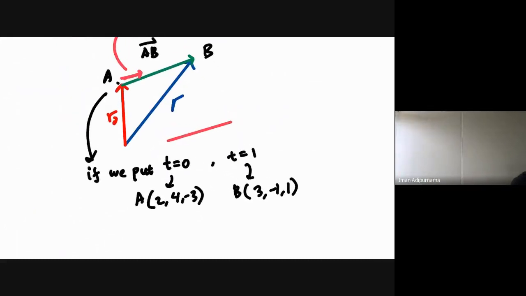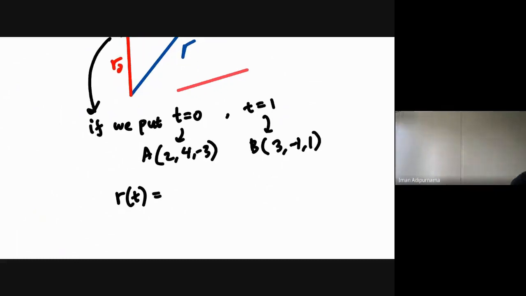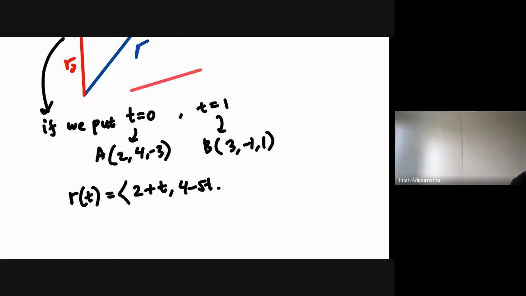So to make this more interesting, we can write r in terms of the parameter t, with z equal to -3 plus 4t.